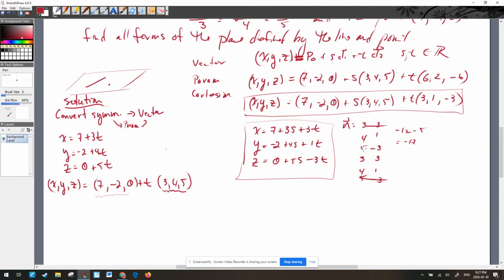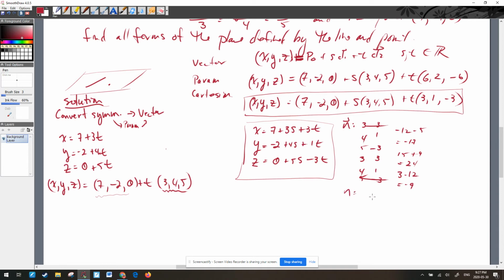And then we're going to have, I guess, 15 plus 9, which is 24. And then we're going to have 3 minus 12, which is -9.